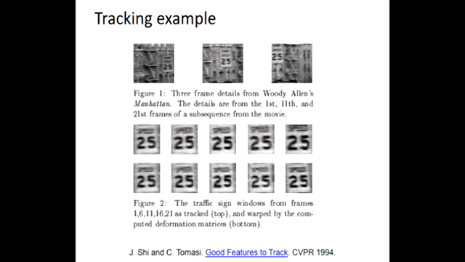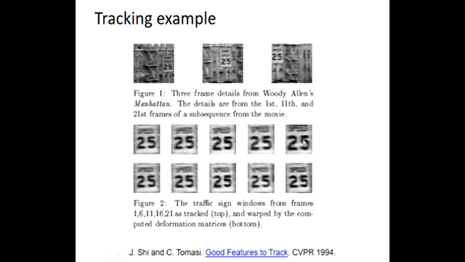This is just showing that this sign is tracked over several frames. And this is showing the tracked window. You can see that the sign has gotten a little bit closer, or a little bit larger. And so there's a difference between the original patch intensity and this one.